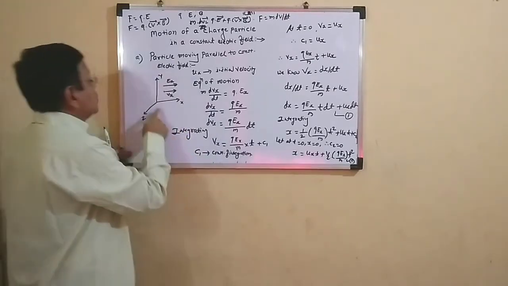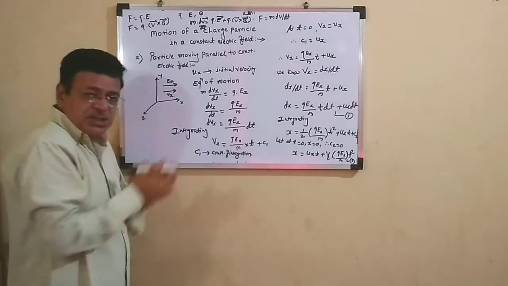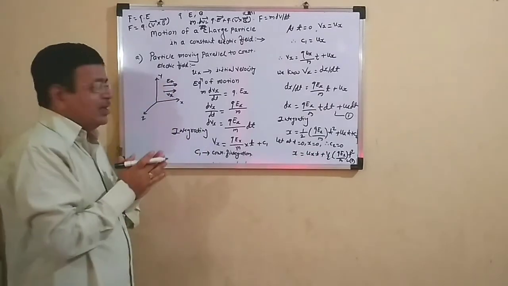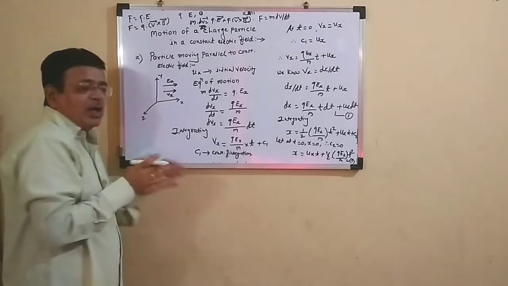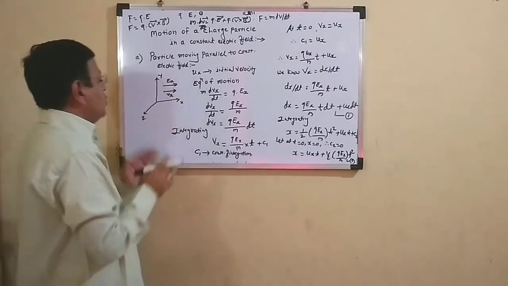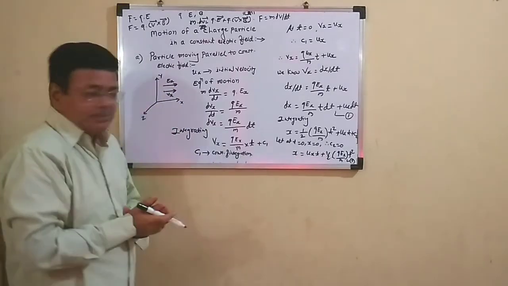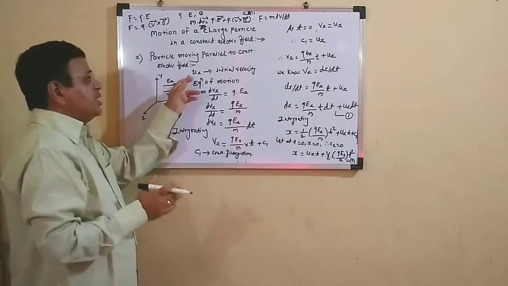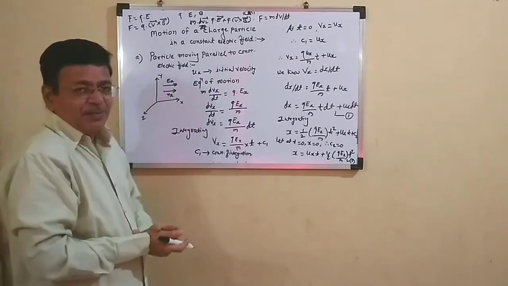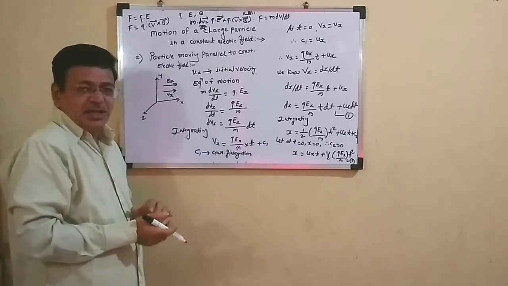For our convenience, we have shown here that the electric field Ex is applied along the x-axis, and because of that electric field the charged particle acquires the velocity Vx and moves along the x direction. In this figure, Ex and Vx are parallel to each other. Now consider that Ux is the initial velocity of the particle.